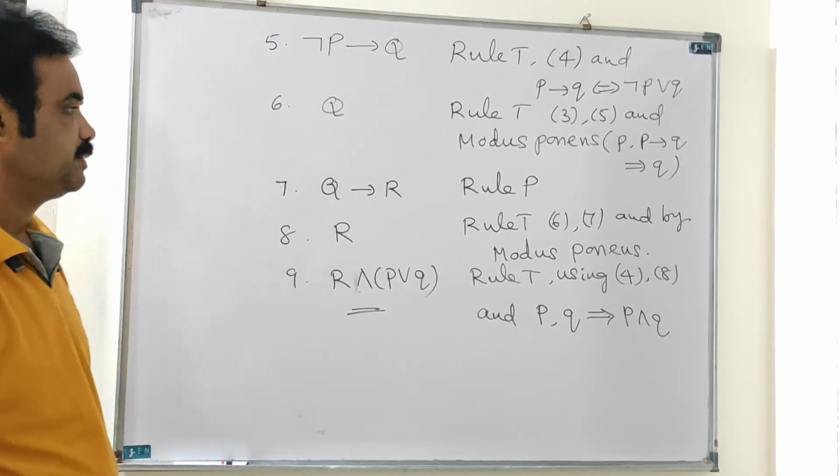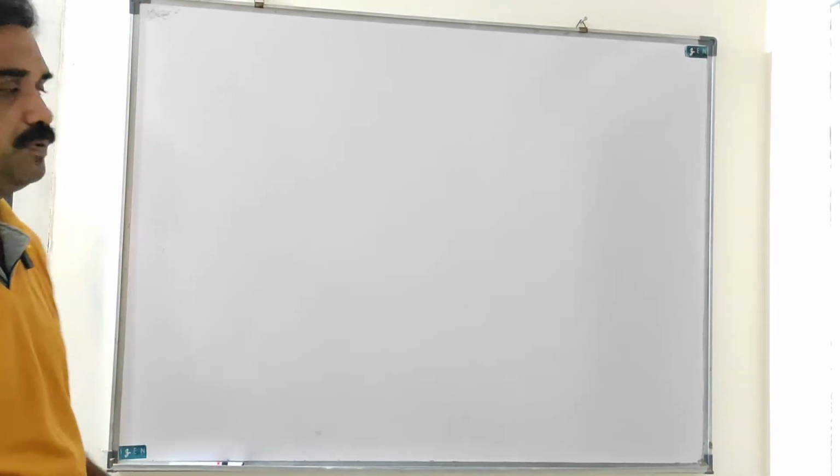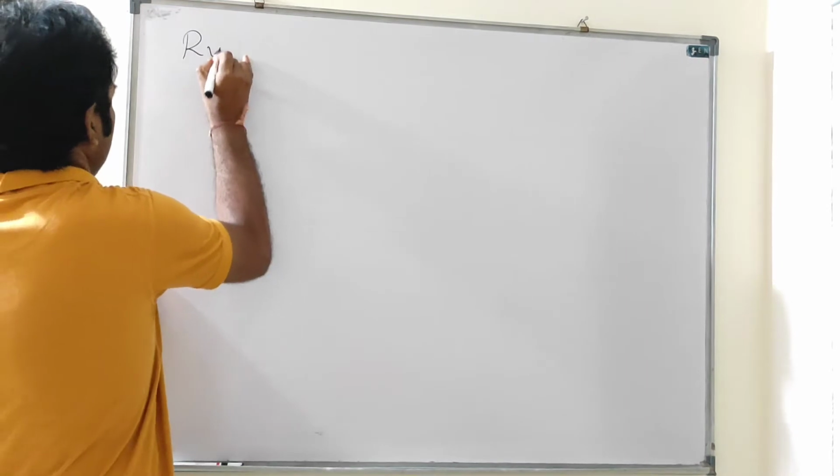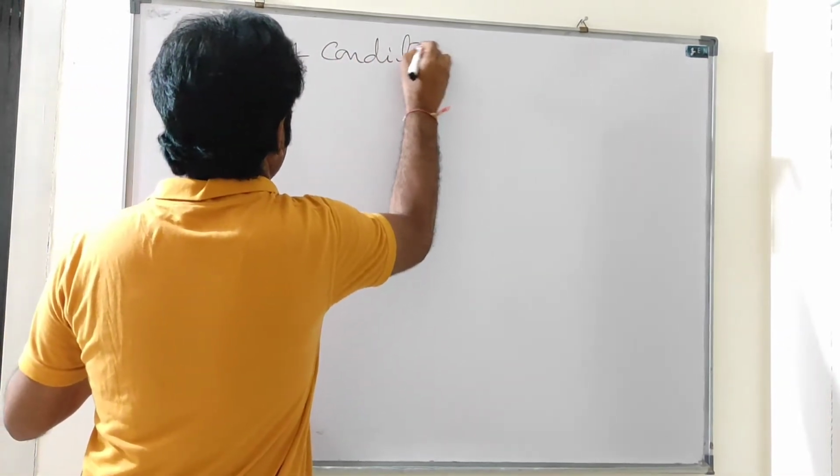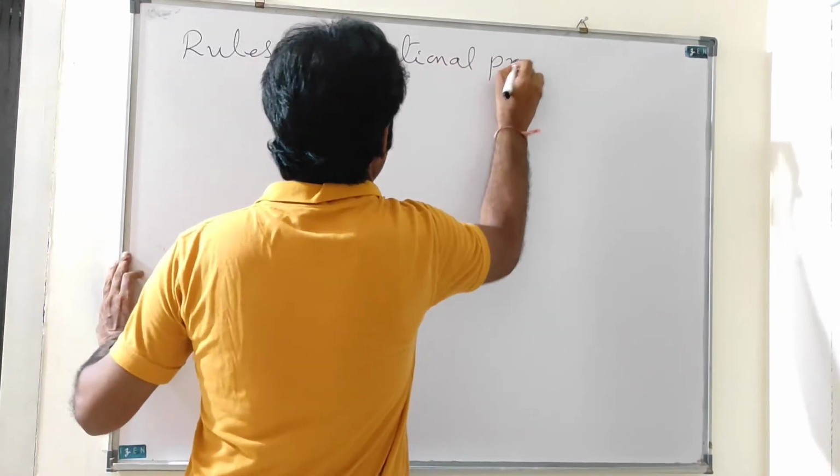Next, rules of conditional proof. That is rule CP.